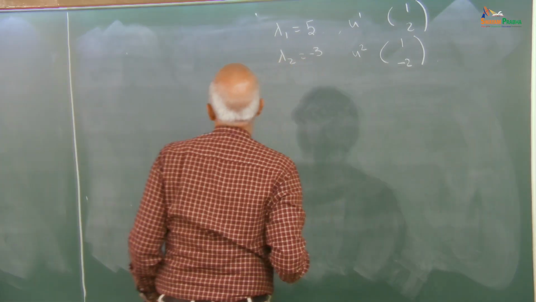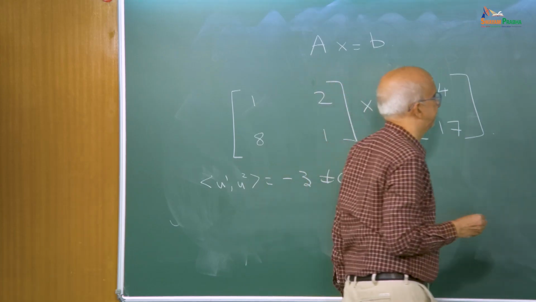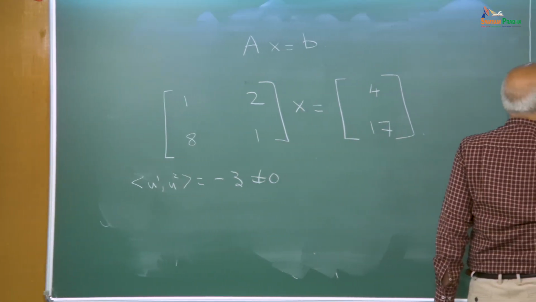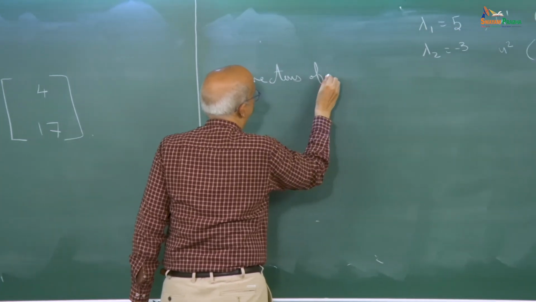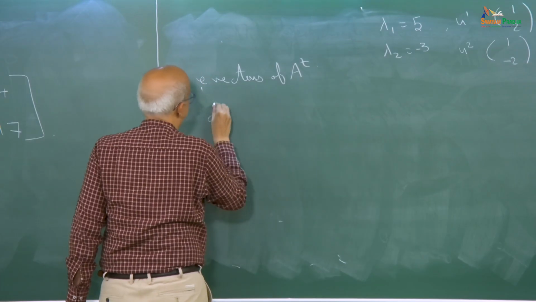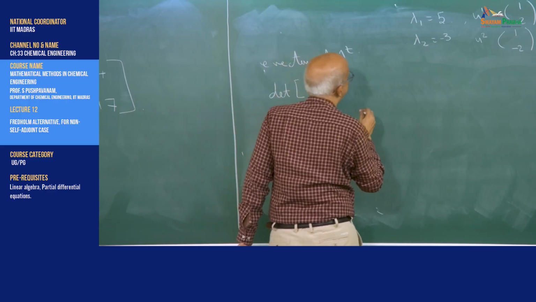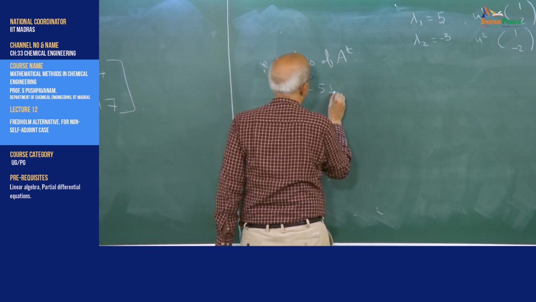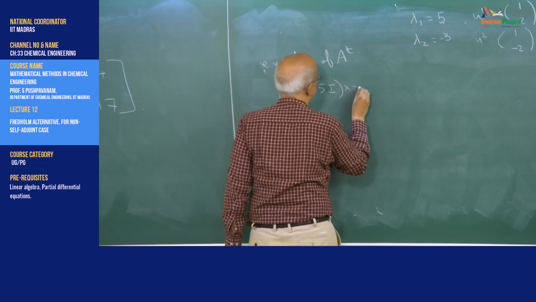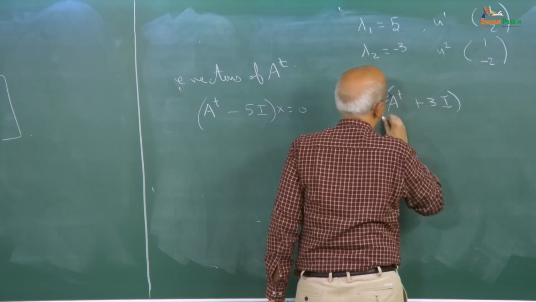Okay. So, now I need to find the eigenvectors of A transpose. So, I have to solve A transpose minus 5I x equals 0 and A transpose plus 3I x equal to 0.